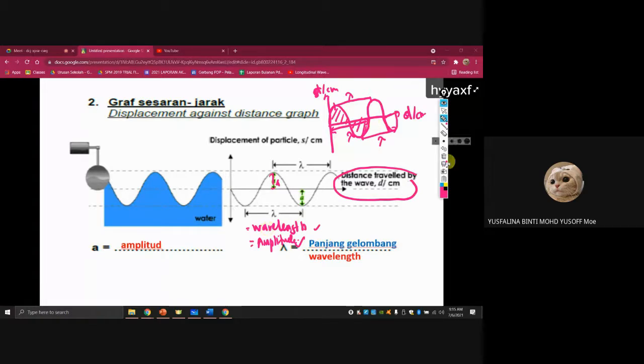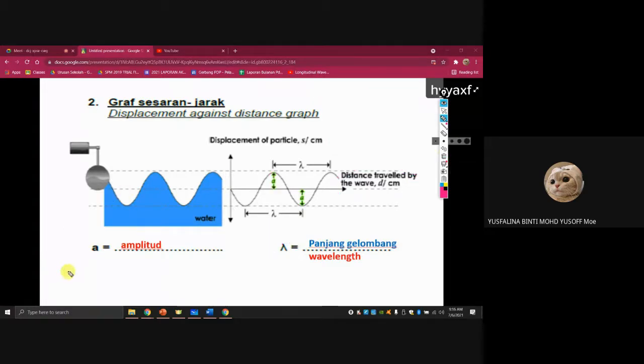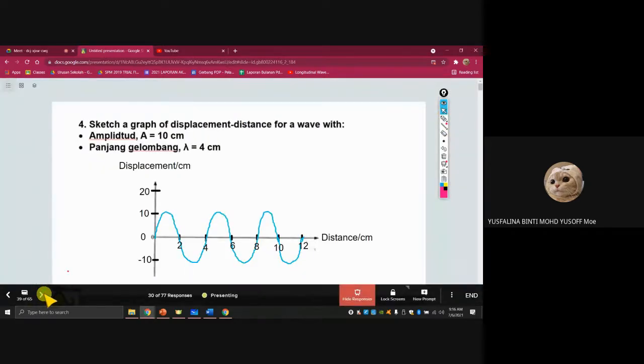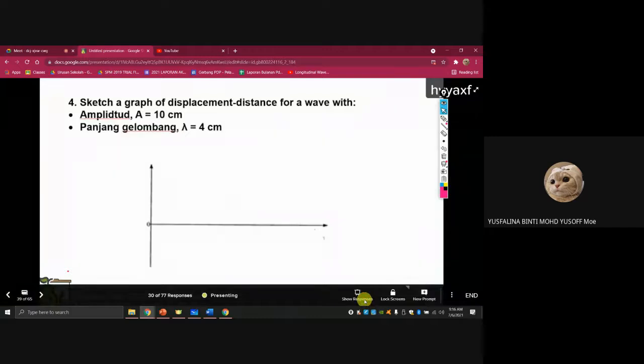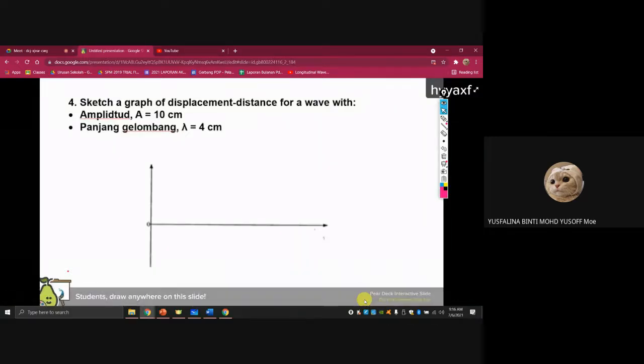Okay, so let's see the next one. I want you to sketch a graph. This one is a displacement distance graph.